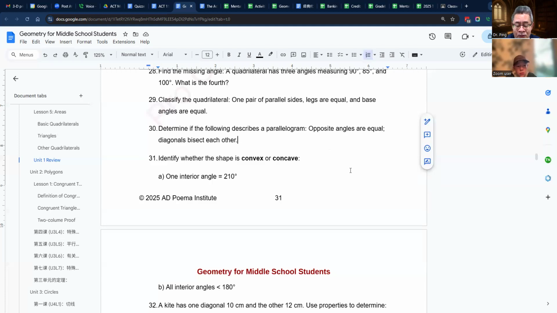Determine if the following describes a parallelogram. Opposite angles are equal, diagonals bisect each other.